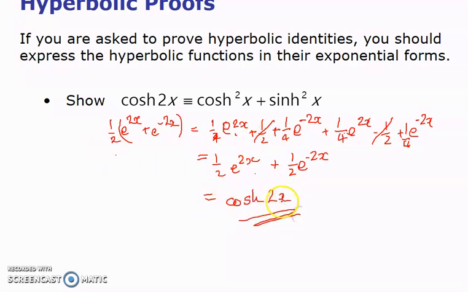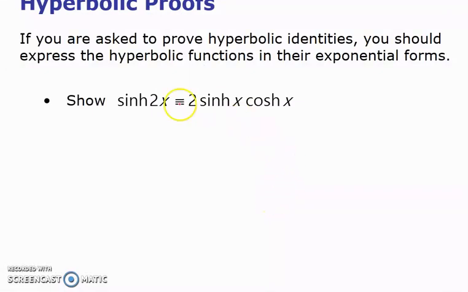Done. The last one I think is going to be a very similar one. Sine 2x. I'm going to start on the right hand side. We had much more joy over this last time. So I'm going to write 2 times a half of e to the x minus e to the minus x times by a half of e to the x plus e to the minus x.